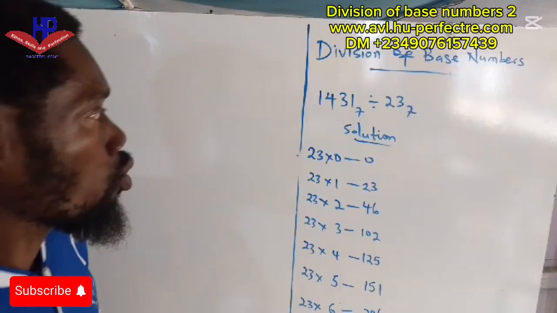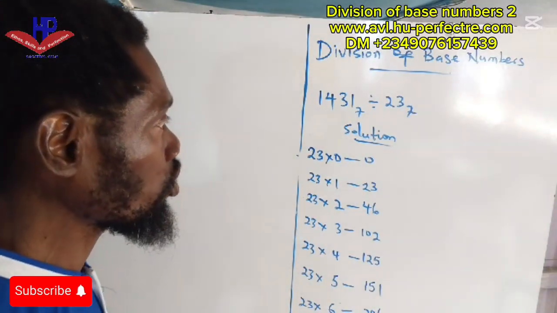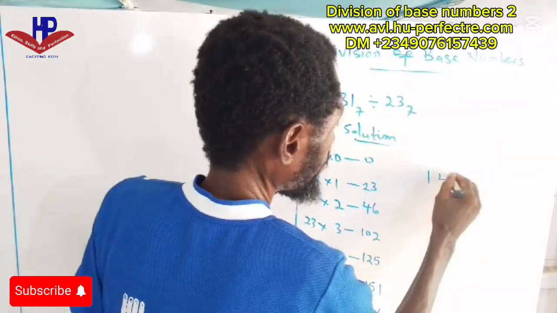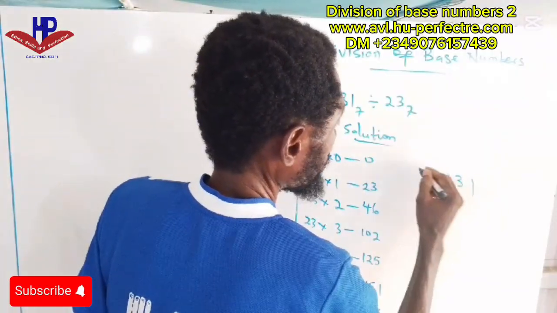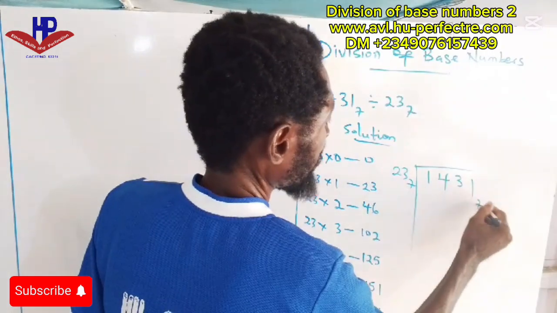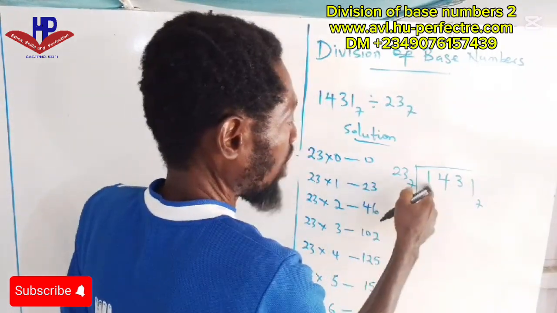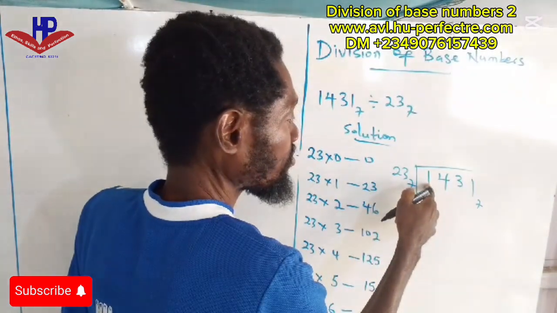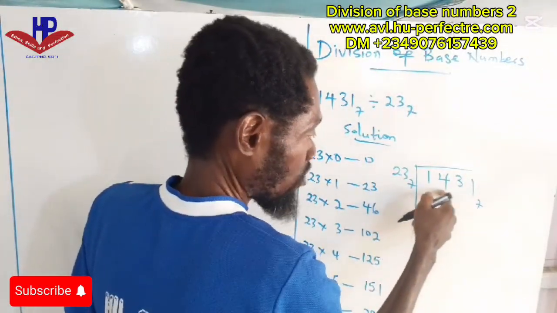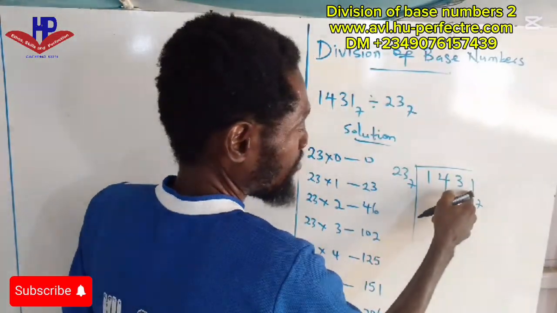Now let's divide 1431 by 23, all in base 7. 23 cannot go into 1. That we know. It also cannot go into 14. We'll be looking at 3 numbers.